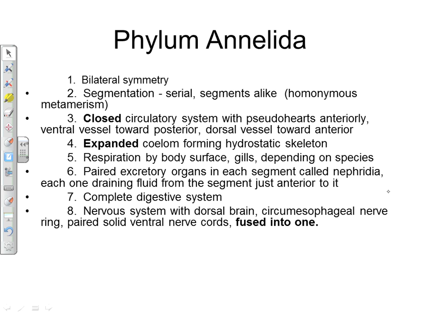Depending on the kind of annelid we're talking about, they breathe in different ways. Earthworms breathe through their skin. It's called cutaneous breathing. What does that mean the skin always has to be like? Wet and thin. For gases to be able to diffuse through something, it has to be thin and moist.